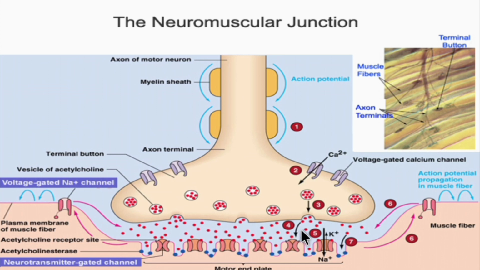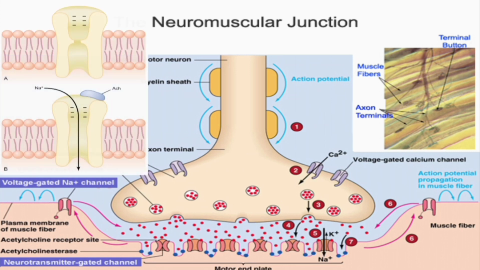Once the acetylcholine comes into the synaptic space, it becomes attached to its receptors, which are present on the acetylcholine gated ion channels. These are the junctional folds, and inside these junctional folds the acetylcholine gated ion channels are present, as you can see here. This is an enlarged view. This is the sarcolemma, and this is the acetylcholine gated ion channel, which is closed in this state.